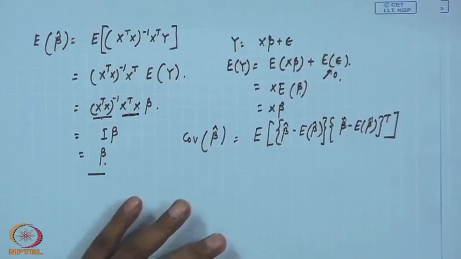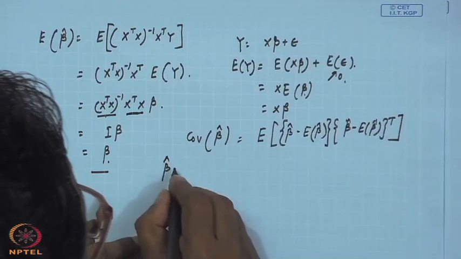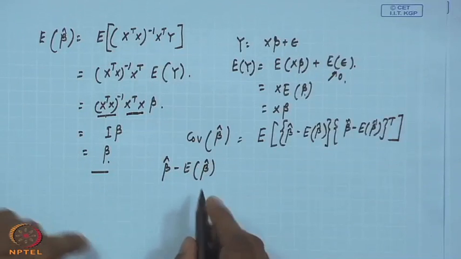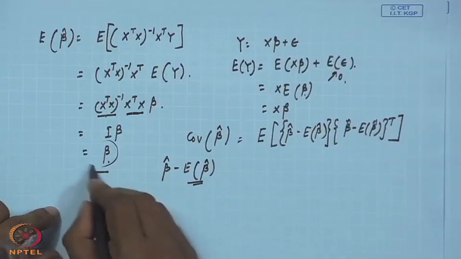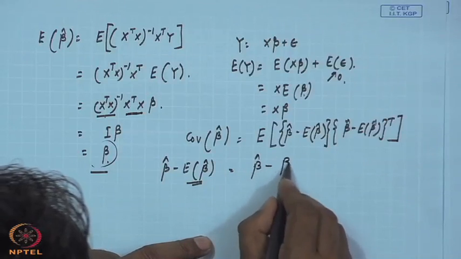We have seen earlier this one. Now, what is beta cap minus expected value of beta cap? Expected value of beta cap is beta. So, this can be written like this: beta cap minus beta.